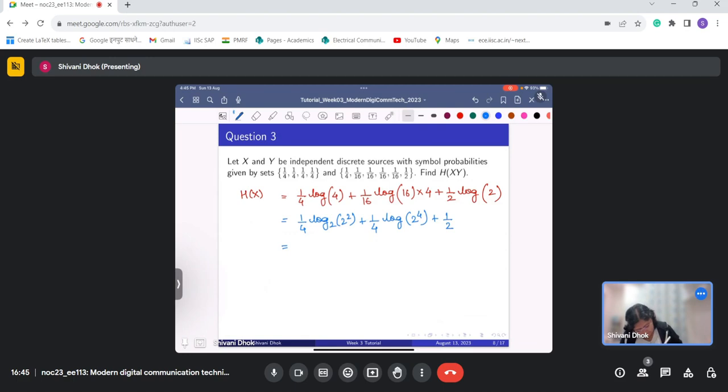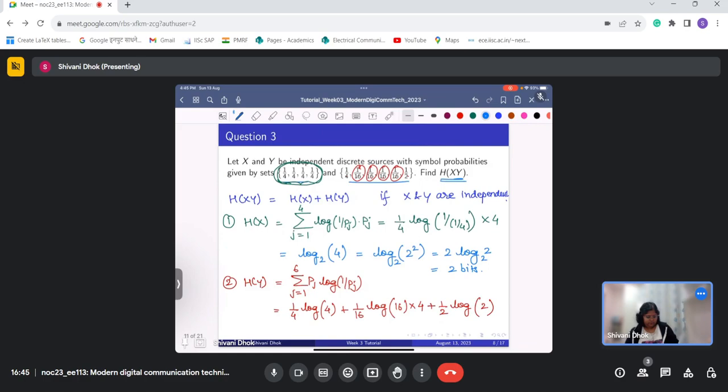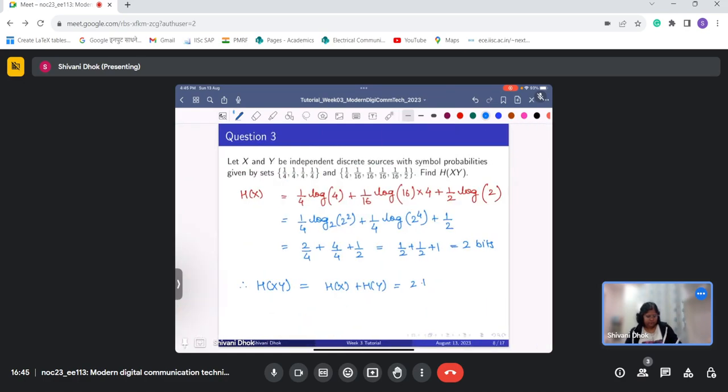Now this is equal to 2 by 4 plus 4 by 4 plus 1 by 2, which is equal to 1 by 2 plus 1 by 2 plus 1, which is equal to 2 bits. And therefore h of xy is equal to h of x plus h of y, which comes out to be 2 plus 2, which is equal to 4 bits.